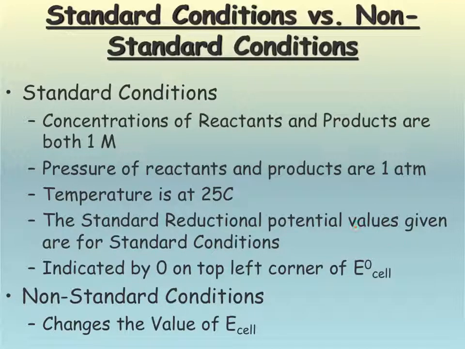All right, non-standard conditions. So we take the little zero off Ecell first off. And when we change the conditions from standard, obviously the value of our Ecell, or our potential difference, is going to change.